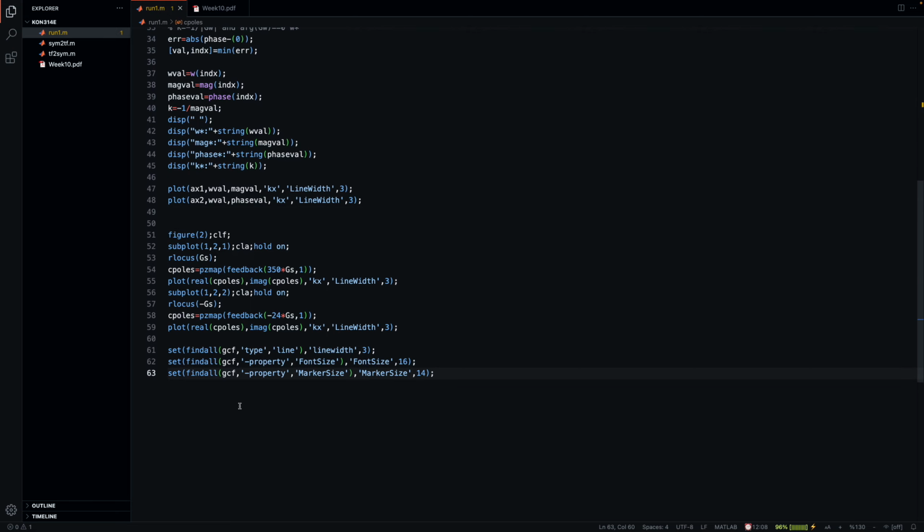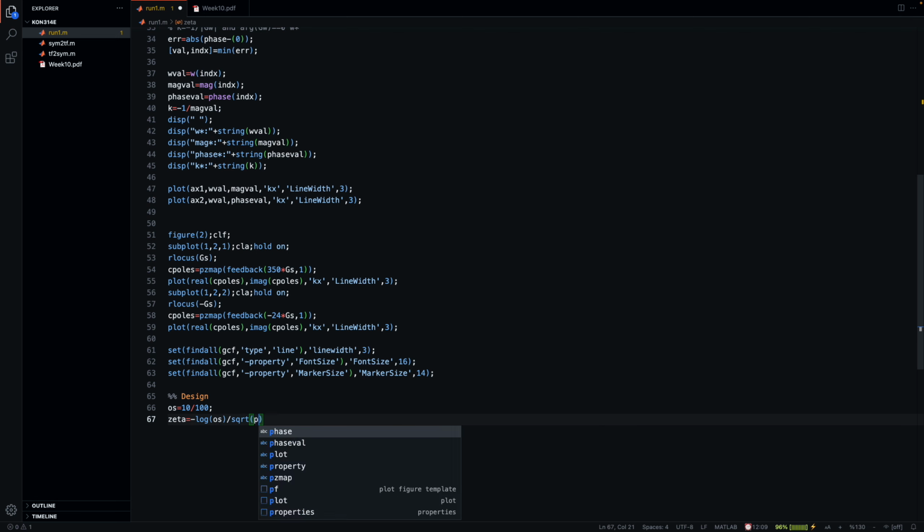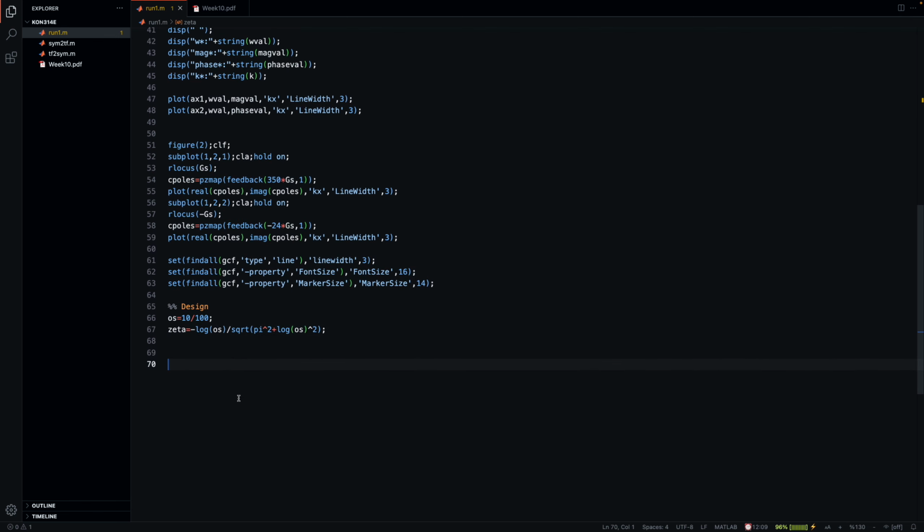Now, when we're going to design a controller, first of all, we see that we have 10% overshoot. Therefore, we need to calculate our zeta, which is minus log of overshoot divided by the square root of pi squared plus log overshoot squared. Now we have zeta here.